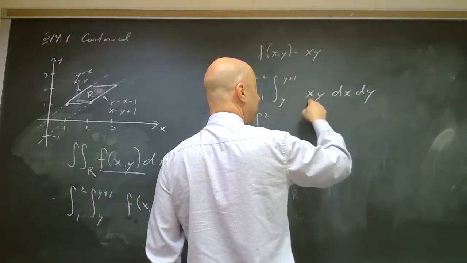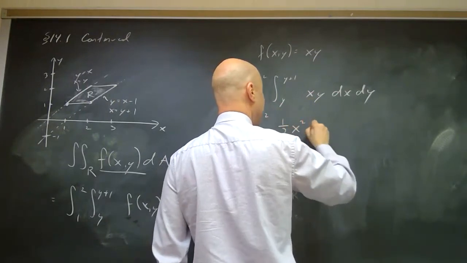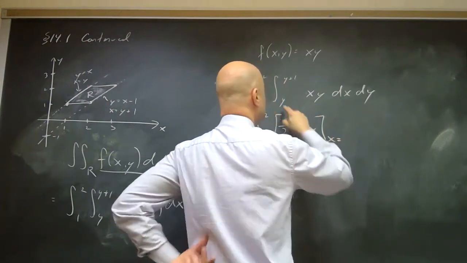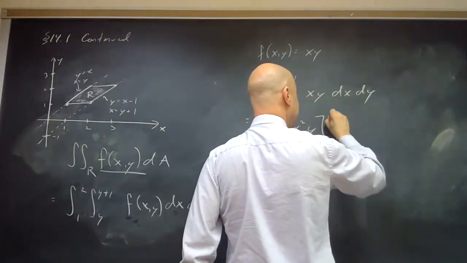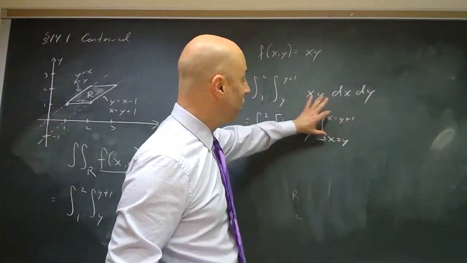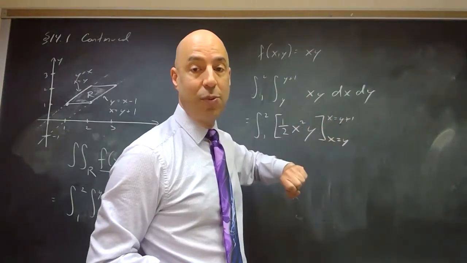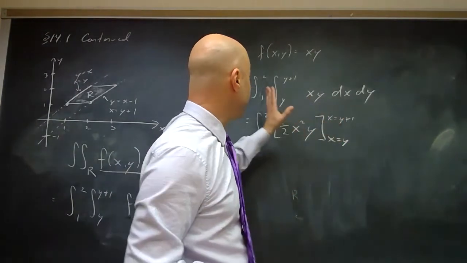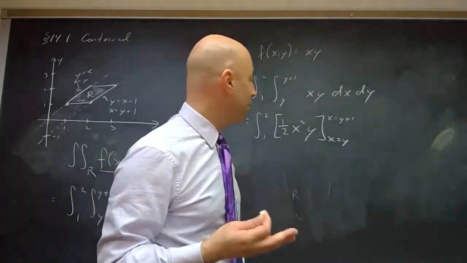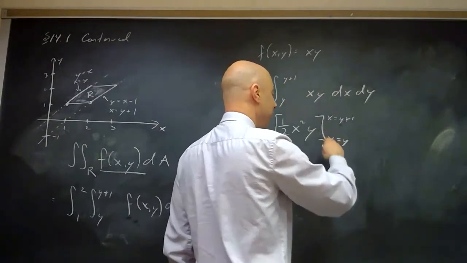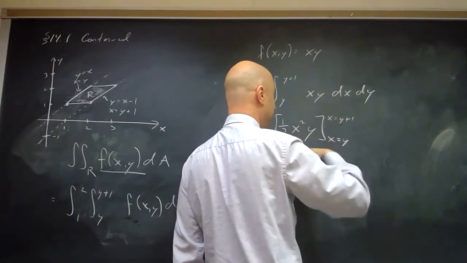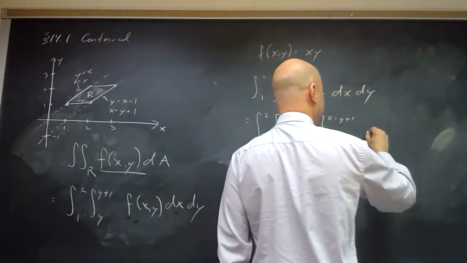We're going to have 1/2 x squared y. We're going to go from x equals y to x equals y plus 1. I highly recommend not just writing y and y plus 1 here, but writing x equals, just because there's so many variables floating around, and pretty soon when we start doing triple integration, we're going to have yet another variable floating around. So please keep everything straight. X equals y plus 1, rather than just y to y plus 1, because then it's not 100% clear where that y goes.